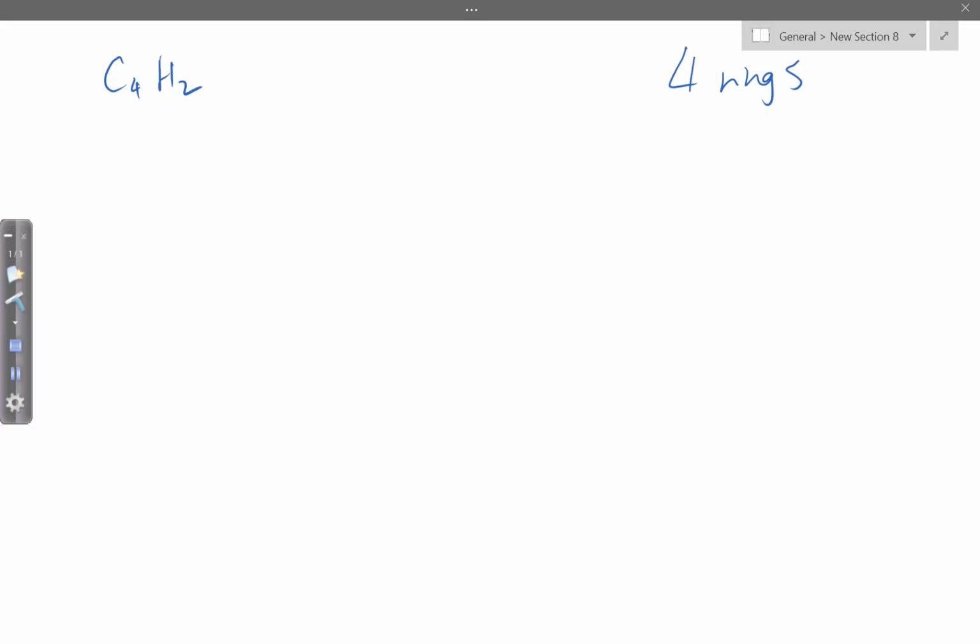After I break here, where do I join it to? You see that for this, I join it to this end. So I join to which carbon? Is it this carbon? Yes, precisely.